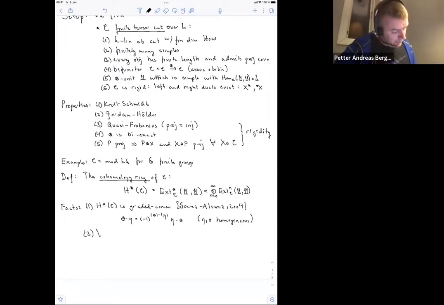So if you take any object, there's a ring homomorphism, or a graded ring homomorphism, from the cohomology ring into the Ext algebra of the object.